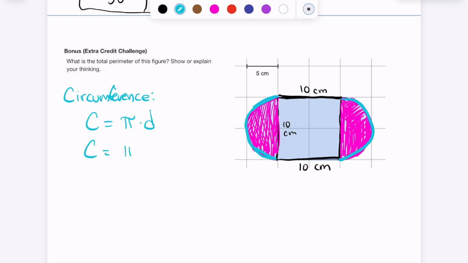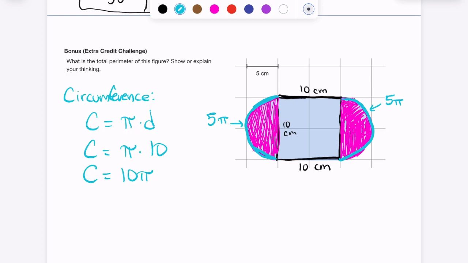We see here that the diameter is 10. So the total circumference of this circle that's split in half is going to be 10 pi. This section would be half of this. That would be 5 pi centimeters. And that would be half of it, right? And then together it's 10 pi centimeters.